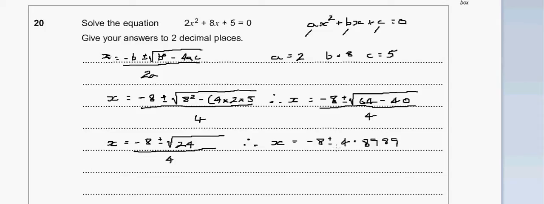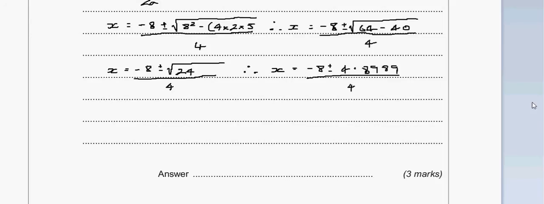Okay, and this is divided by 4. So at this point now we're going to have two solutions, because we're going to have minus 8 plus this divided by 4 and minus 8 minus this divided by 4.